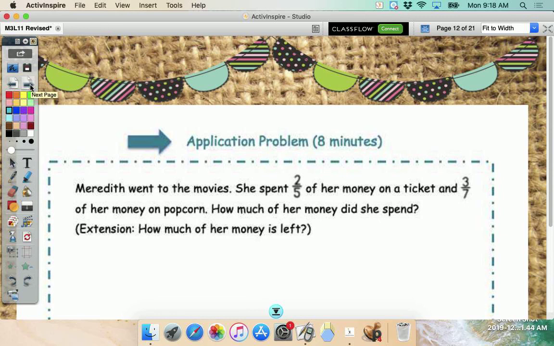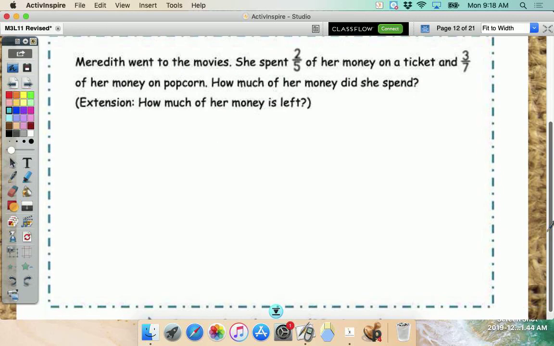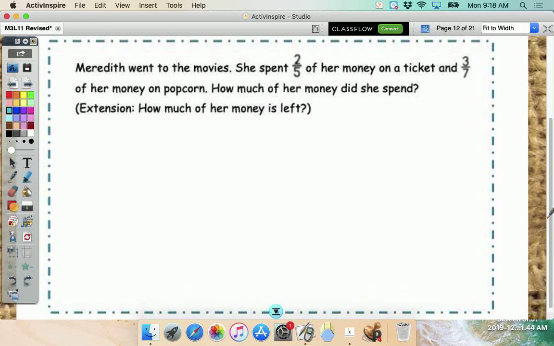This is an application problem. All right, it says Meredith went to the movies. She spent 2/5 of her money on a ticket, 3/7 of her money on popcorn.